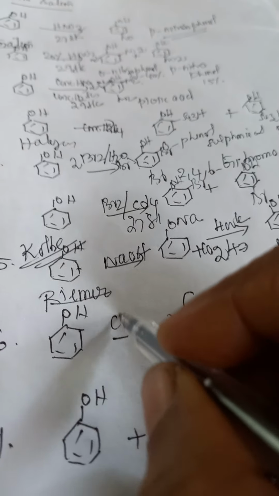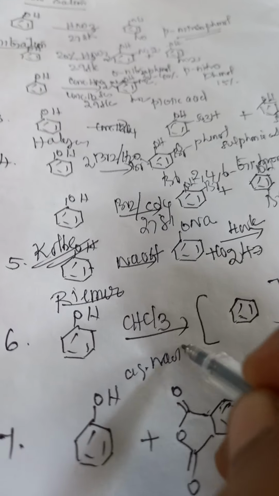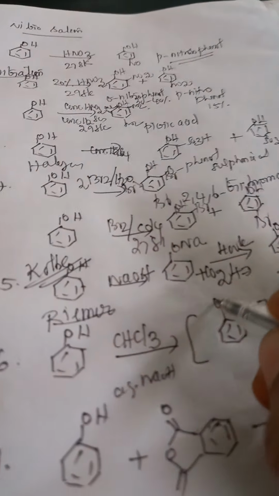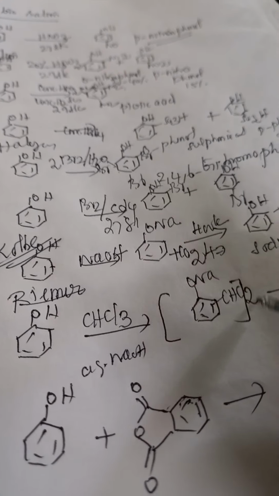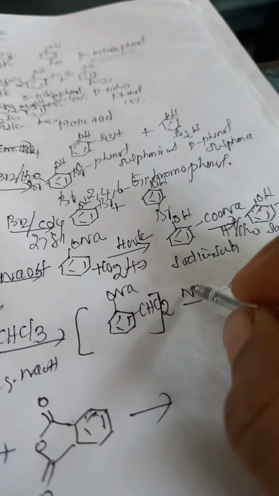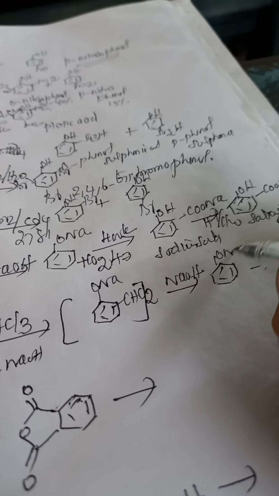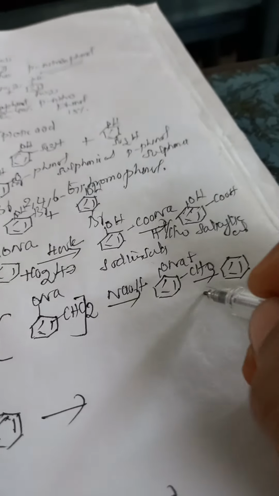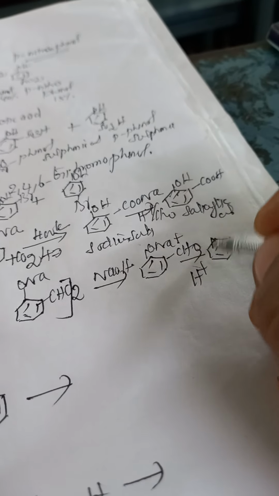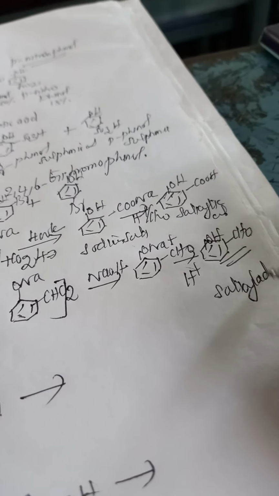Phenol with chloroform, CHCl3, and aqueous sodium hydroxide gives an intermediate compound with ONa and CHCl2 substituted. This intermediate is treated with NaOH, and we get ONa with an aldehyde group. Then on hydrolysis, we get OH and CHO. This is salicylaldehyde.